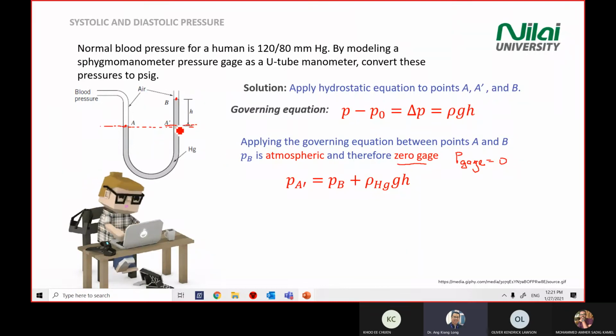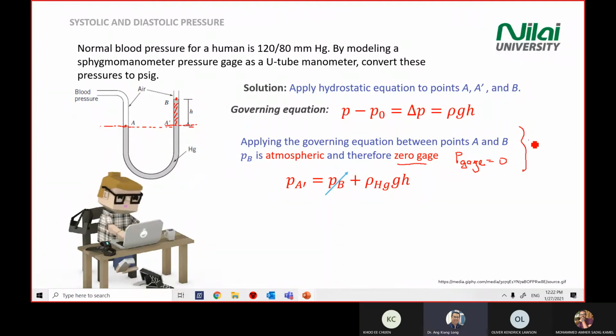So how do you convert the information into the governing equation? Pressure at A will be PB, the pressure at point B, plus the pressure created by the mercury above the A prime point. So we can write plus rho, and in this case, be careful, we are using mercury, so rho mercury GH. And just now, because point B is exposed to atmosphere, PB equals 0.